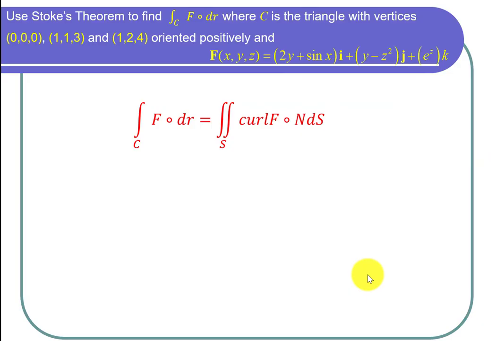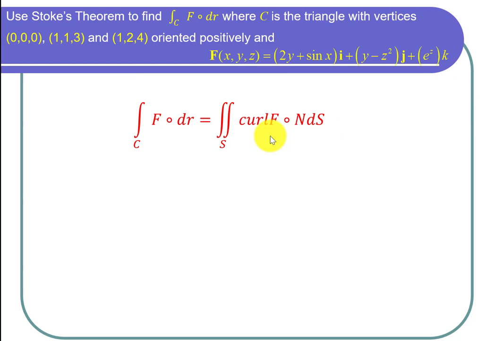What it says is that the line integral over a closed curve C of F dot dr is equal to the surface integral of the curl of the vector field F dotted with n dS.